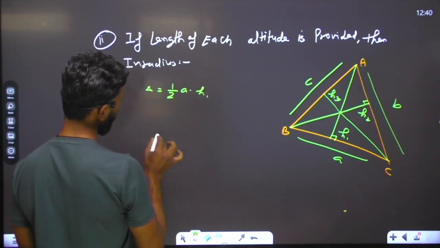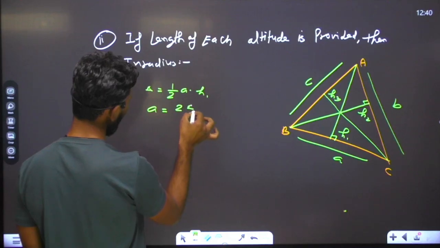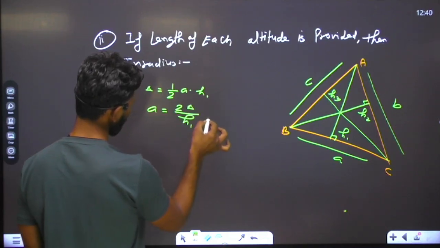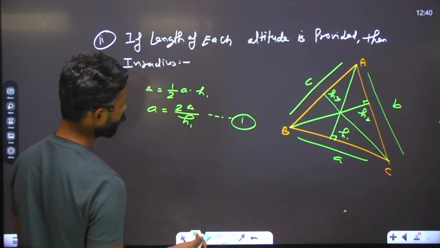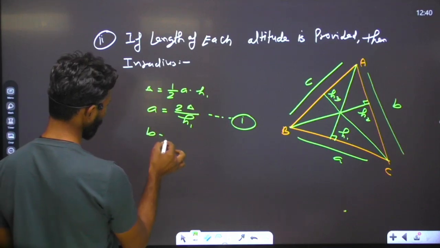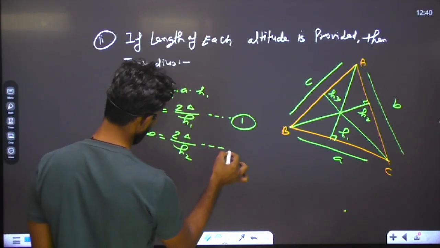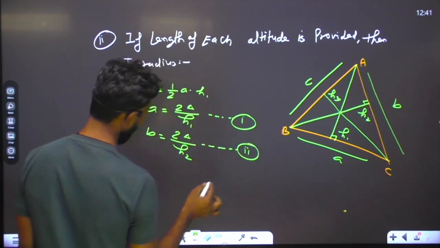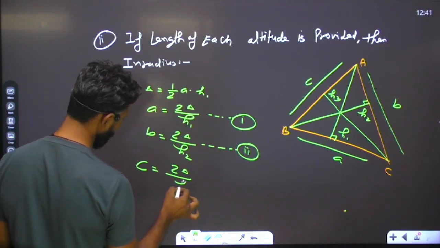Now can I say that a will be equal to 2 del upon h1? So this is equation 1. In the same way, b will be equal to 2 del upon h2, and c will be equal to 2 del upon h3.